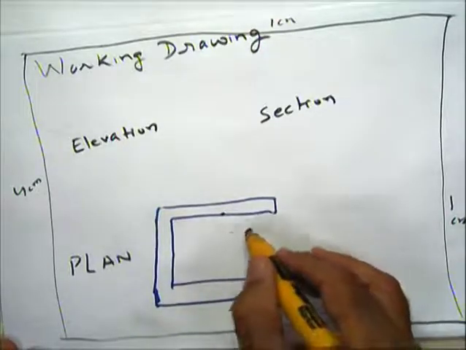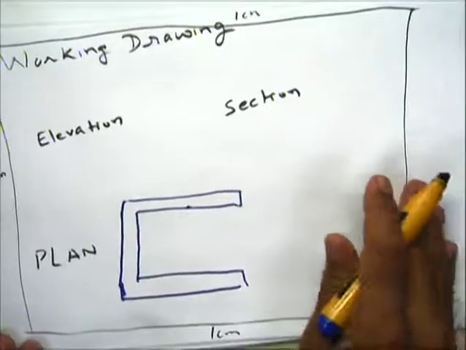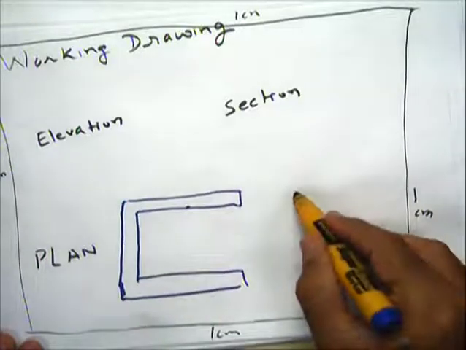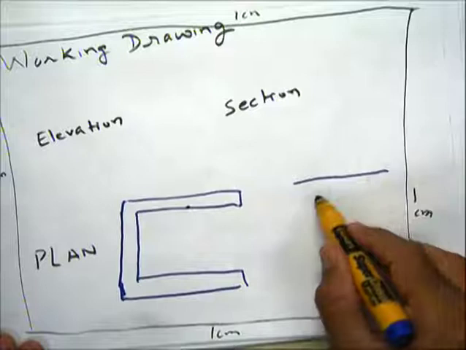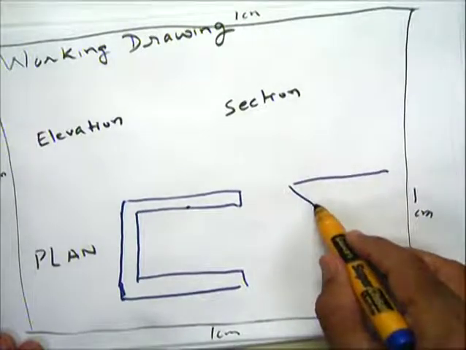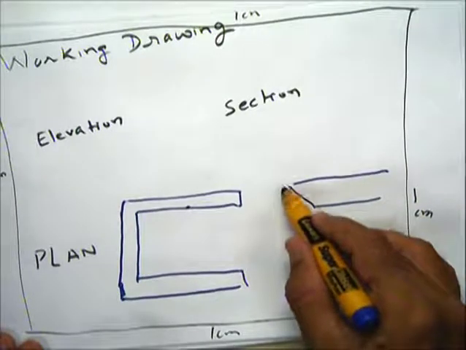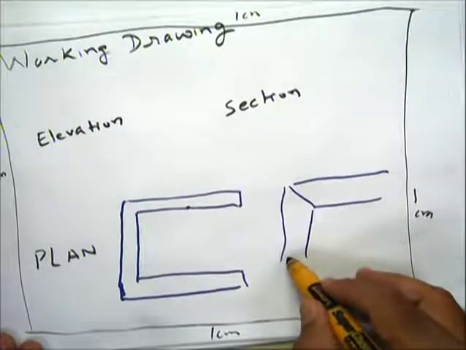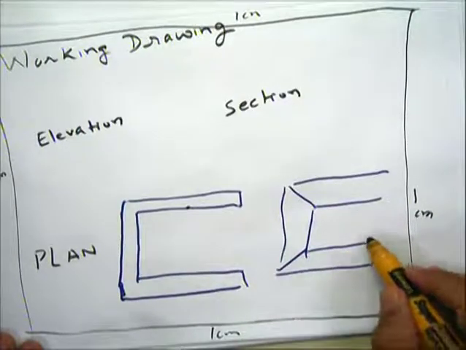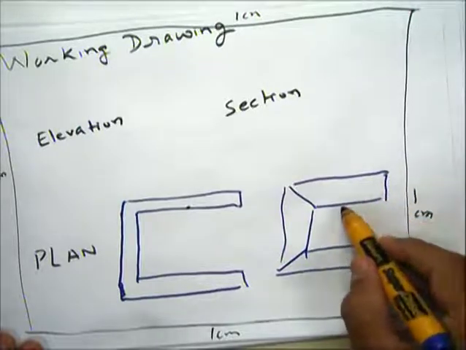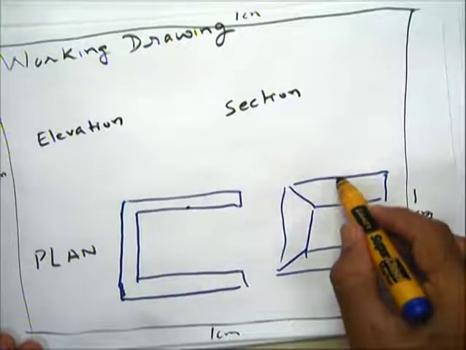But if I see this room from only a single point, in that case what will happen? It will be visible like this. It will have the 3D view. So this is the bottom and this is the top.